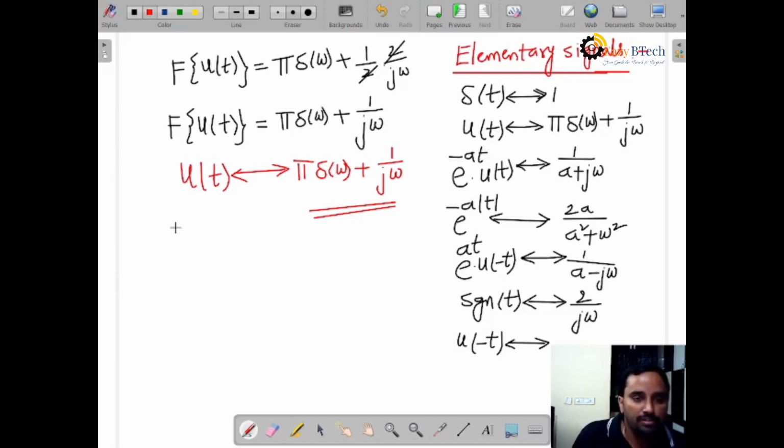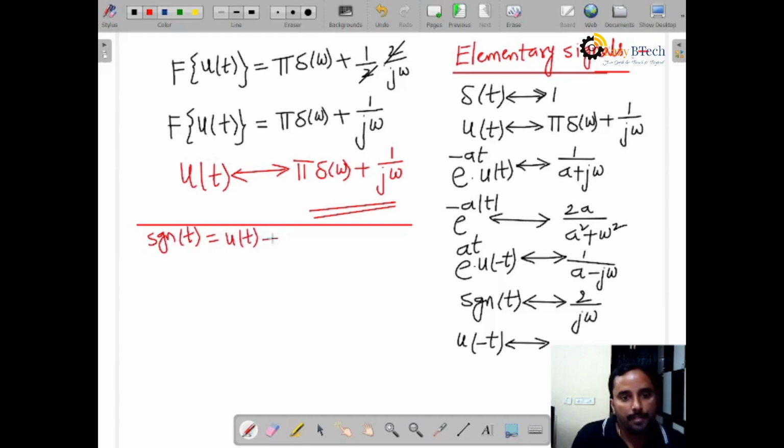we already know the relation between signum function and step function, which I am going to use again. Signum function is equal to u of t minus u of minus t. We want the Fourier transform of u of minus t, so we apply Fourier transform on both sides.